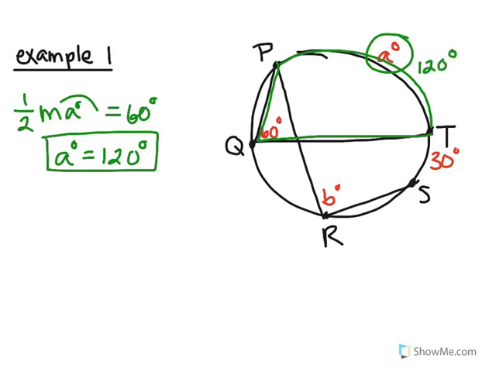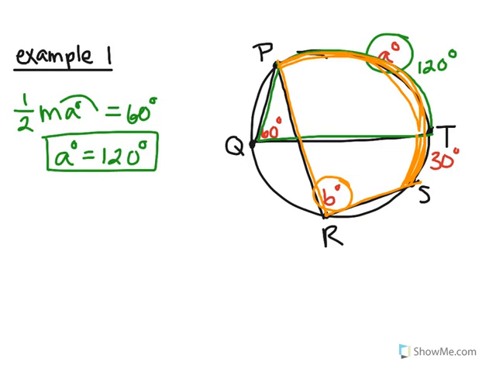Okay, so now I can actually solve for angle B. So let's take a look at its inscribed angle. It goes from P to R to S, and therefore its intercepted arc is this whole thing. And it's made up of two separate arcs that we have solved for. It's made up of this 30 degrees right here, and it's made up of this entire 120 that we just solved for.